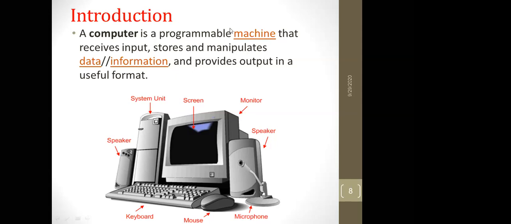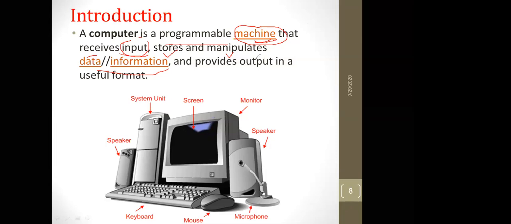All of you know that the computer is a programmable machine. It's a programmable machine that receives input, stores and manipulates data and information.